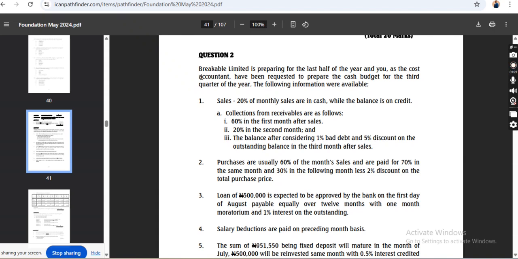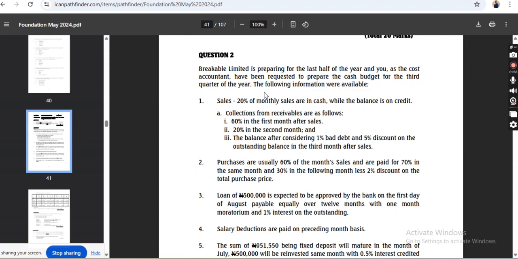Brookable Limited is preparing for the last half of the year, and you as the cost accountant have been requested to prepare the cash budget for the third quarter of the year. Don't forget that January, February, March is the first quarter.